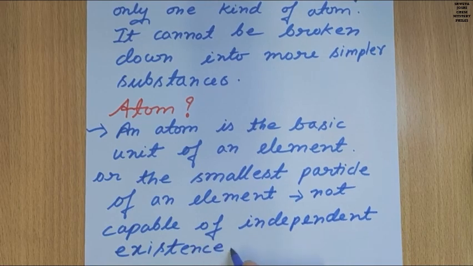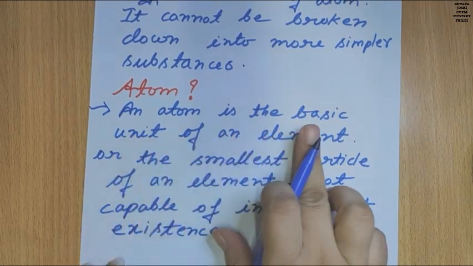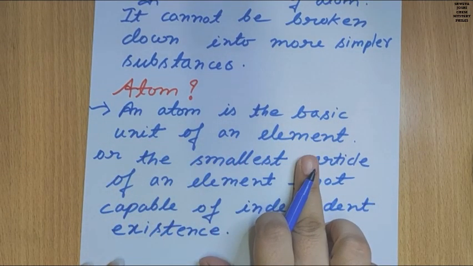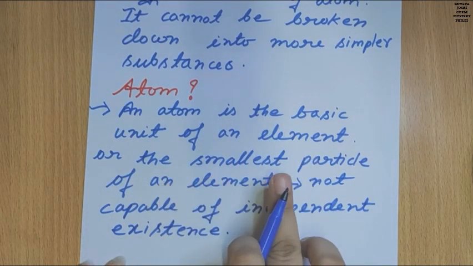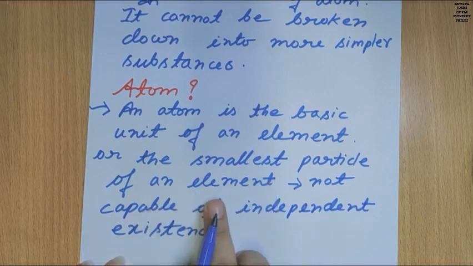Not capable of independent existence. So, an atom is the basic unit of an element, or it is the smallest particle of an element which is not capable of independent existence, which cannot exist independently.